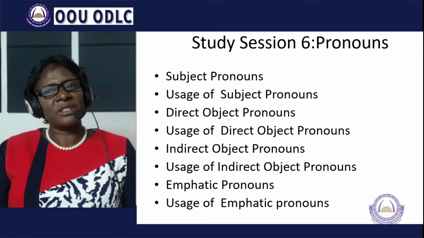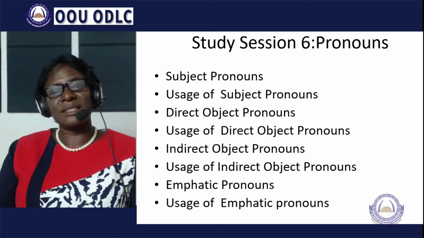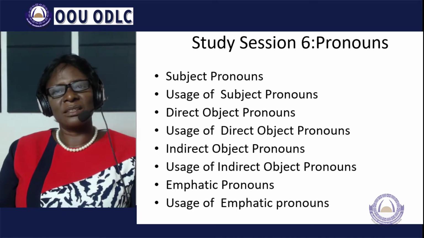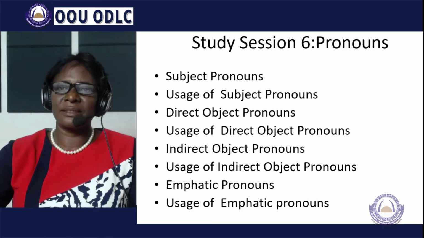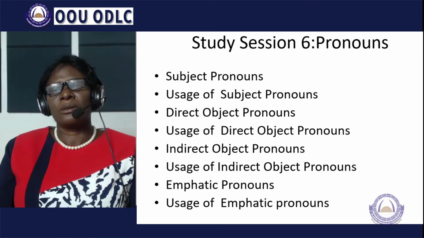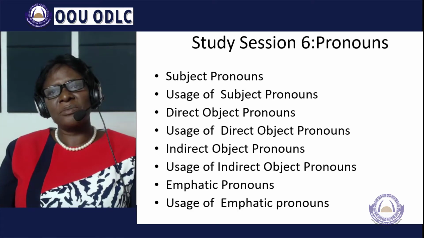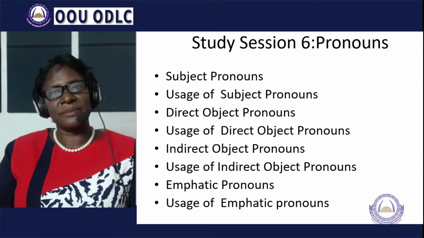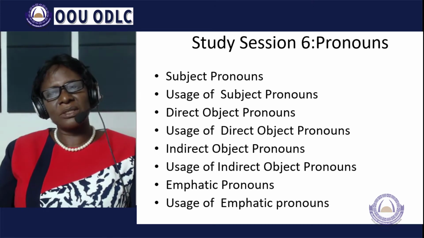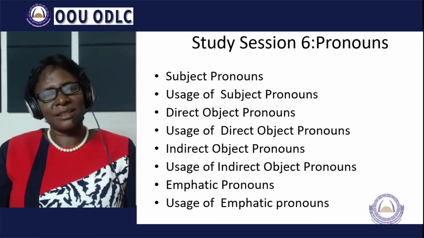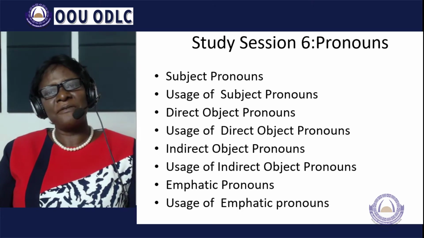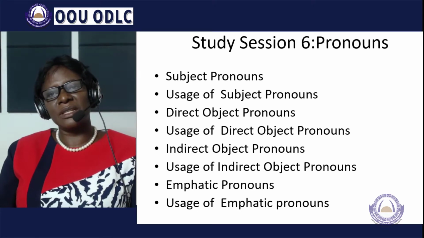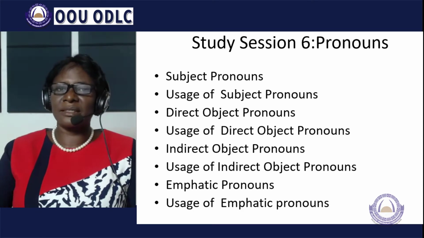So what are the learning outcomes for study session 6? On the completion of this study session, you should be able to list the subject pronouns and use them in sentences in French. You are to state the direct object pronouns, explain its usage and use them in sentences. You are also to mention the indirect object pronouns, explain its usage and use them in sentences. You are to explain emphatic pronouns, its usage and use them to form sentences.